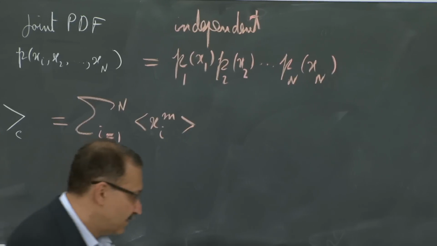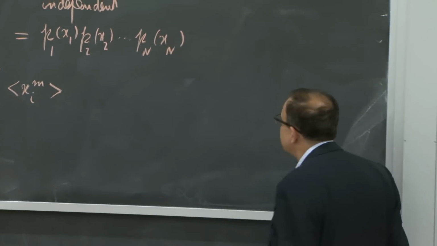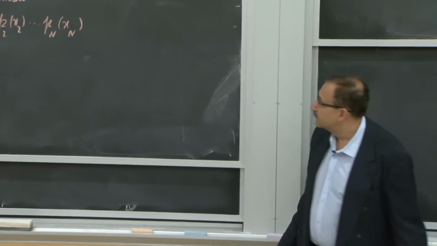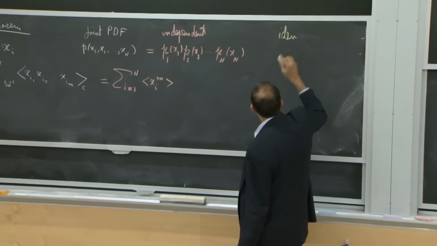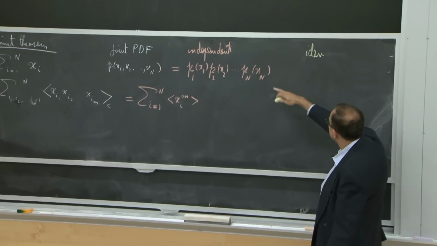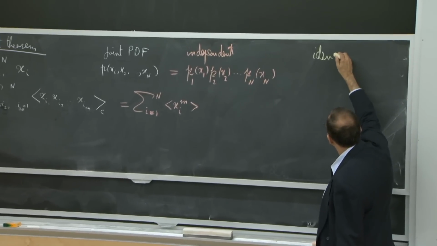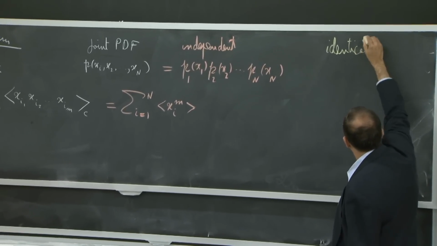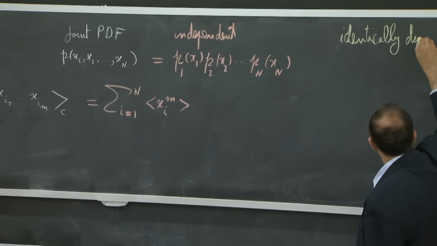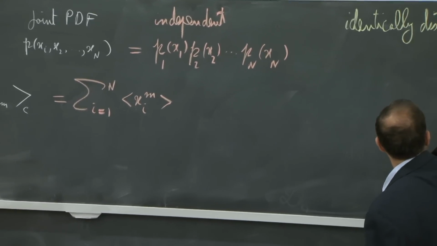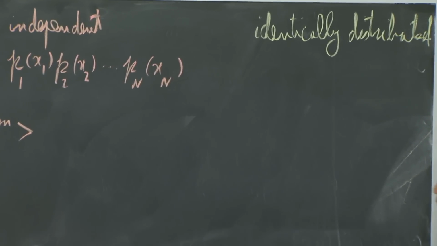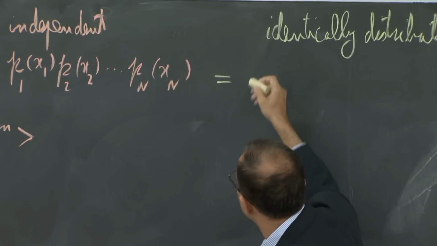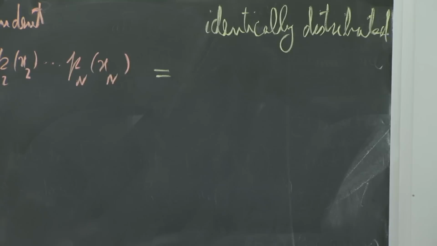Okay? One more simplification. Again, not necessary for the final thing that we want to have in mind, but let's assume that all of these are identically distributed. By that I mean that this is basically the same probability that I would use for each one of them.